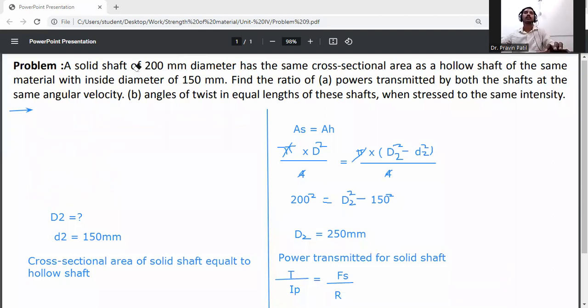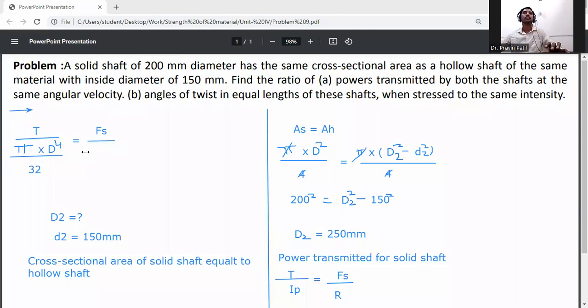So IP for the shaft, we know that T divided by IP, with IP equal to pi into d raised to 4 divided by 32, is equal to Fs divided by R, and R is d by 2.